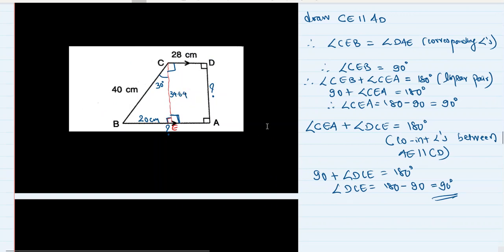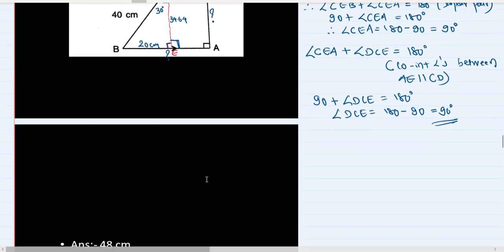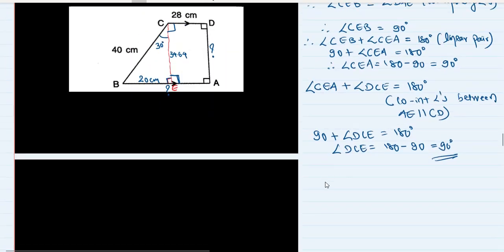Okay, great. So now we will be able to find the missing sides, right? We had to find AB. What is AB? AB is AE plus BE. What is AE? AE is equal to CD because ADCE is a rectangle. So AE is 28. BE we just found out is 20.